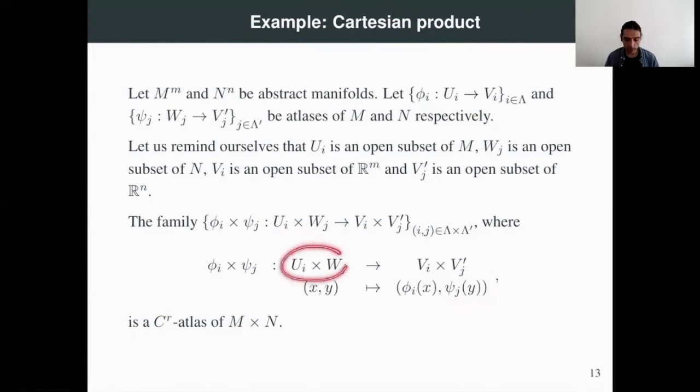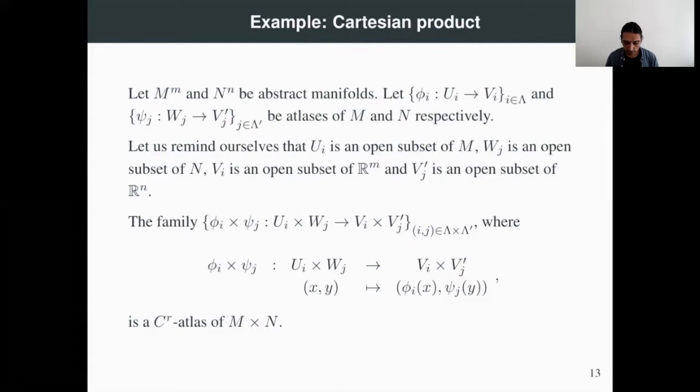Here, we can give, for instance, the product topology that has a basis of open sets that consists of products of open sets. If you consider the sets of the Cartesian product that are of the following form, the product of an open subset of M and an open subset of N, you obtain a basis of open sets for the topology of the Cartesian product.